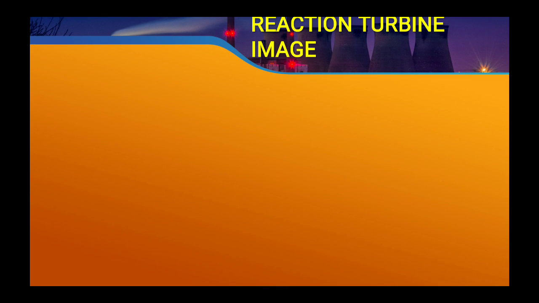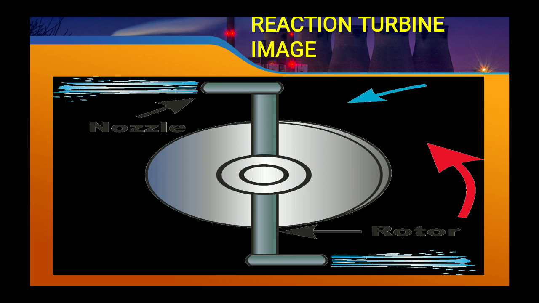Now the reaction turbine image. Here you can see there are two types of blade. The inner blade is connected to the reactive or reaction force, which is fed through a tube, and the outer blade is connected with the inner blade.